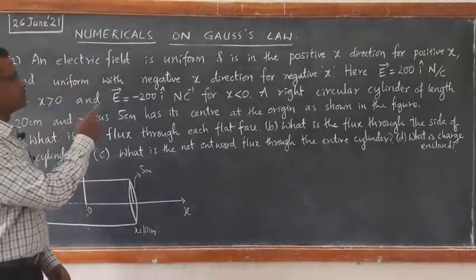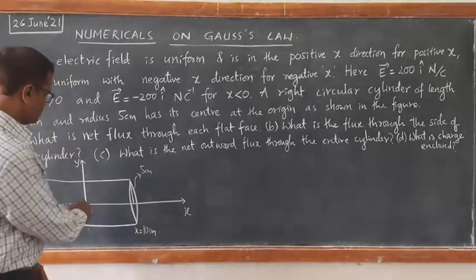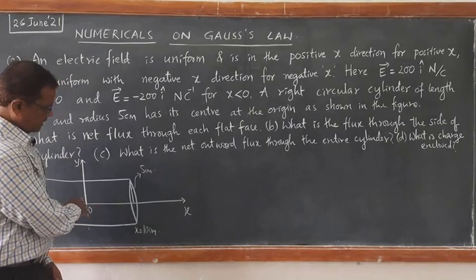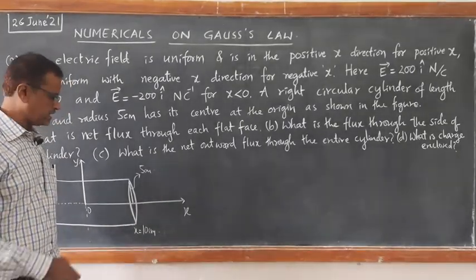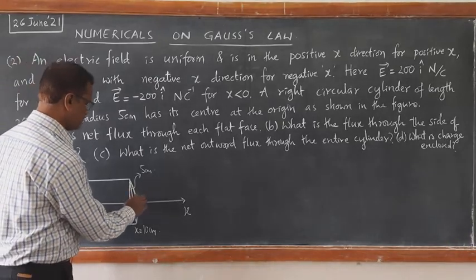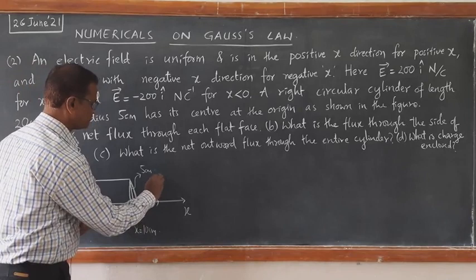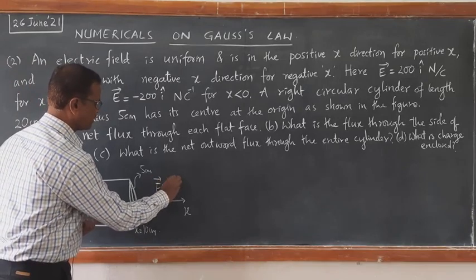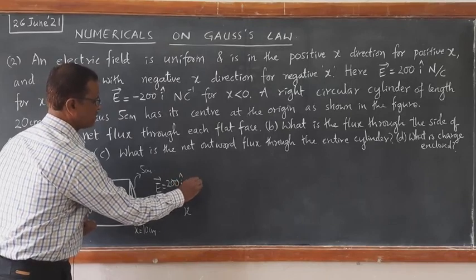An electric field is uniform and it is in the positive x direction for positive x. Suppose this is the origin. Electric field is uniform along positive x axis, 200 i cap Newton per coulomb.